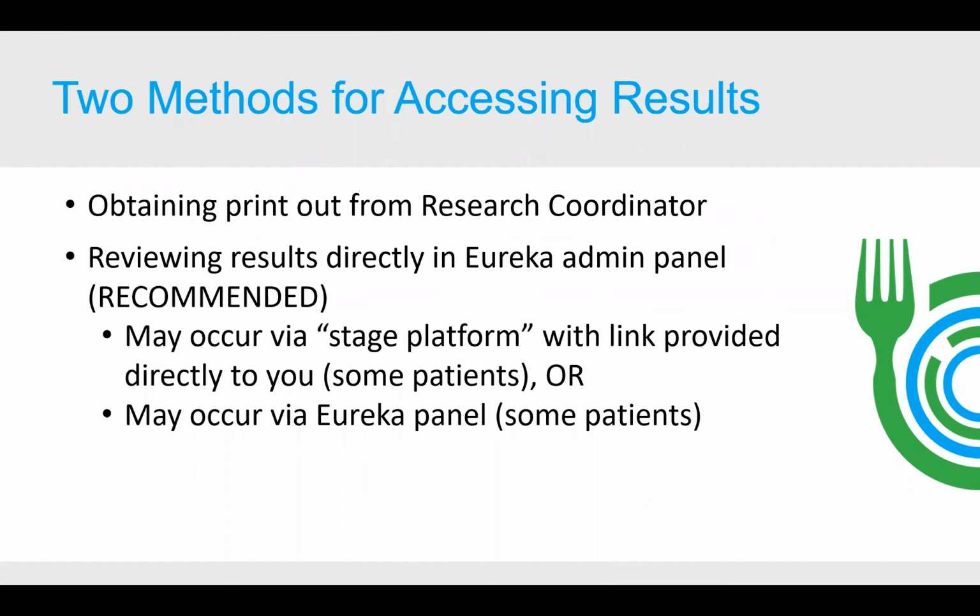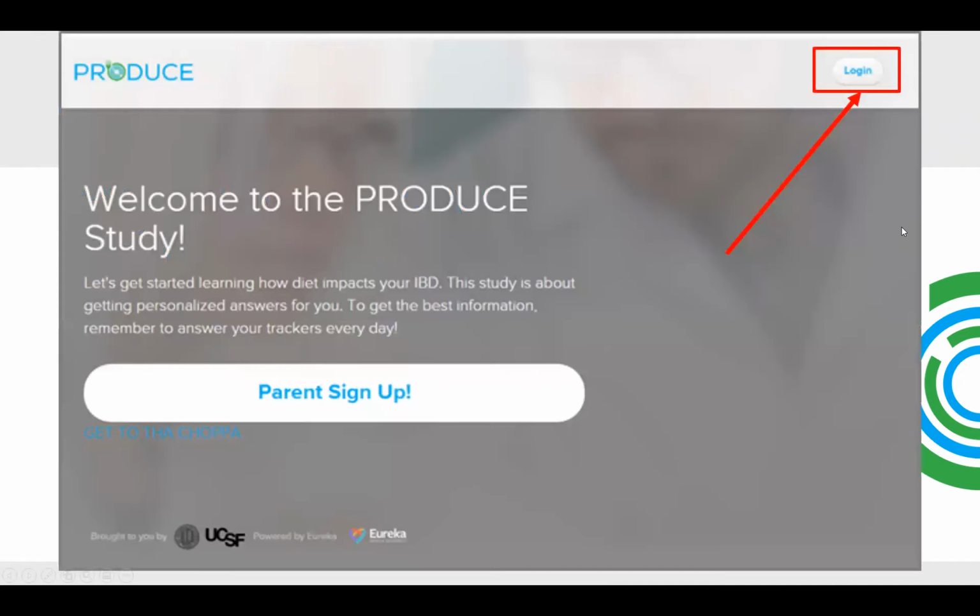So we've had to adjust the dates on the back end to match what in fact they actually did, and those results will be viewable on the Stage platform. If participants proceeded through the study exactly as expected in the app, those results will be available directly in the Eureka panel, but we will let you know in advance of your participant coming in for their results review.